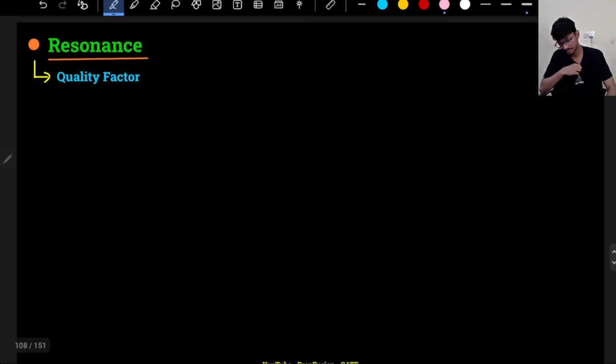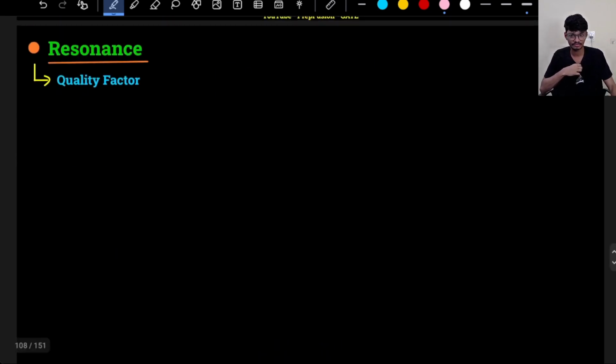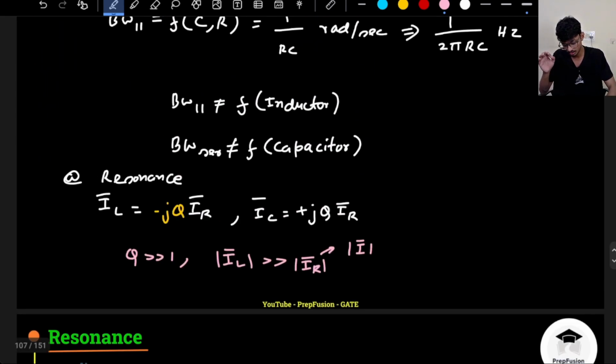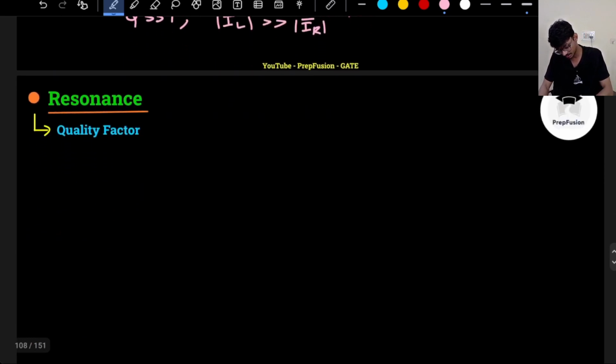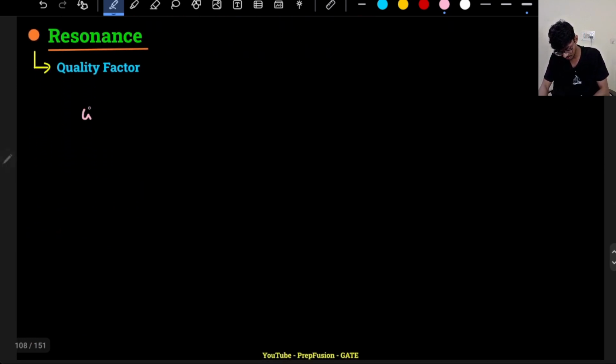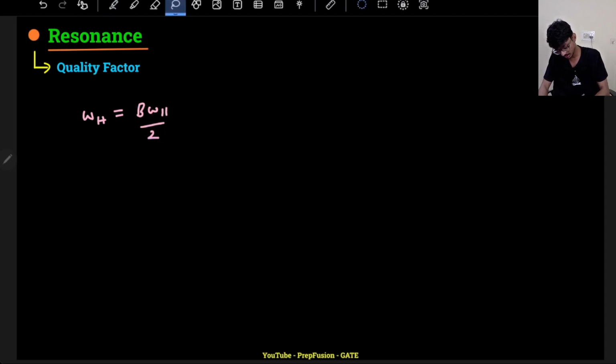I have summarized I think most of the points whatever I have discussed. So again, one more thing, what is the cutoff frequency? Cutoff frequency omega h equals minus plus bandwidth by 2. This formula will be constant, right? But this is the parallel bandwidth, this you have to remember. Omega h parallel, I am talking about the parallel resonance circuit.